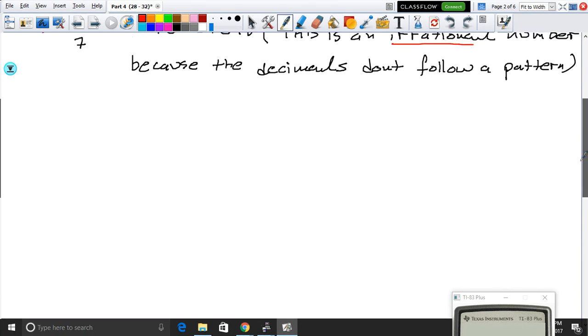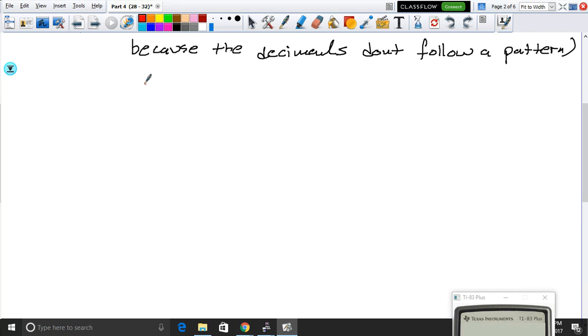Well, this is what we want to find out. Is 1/3 plus 6 square root of 5 over 7 going to be a rational number? Well, we know that this number is rational, and we know that this number is irrational.